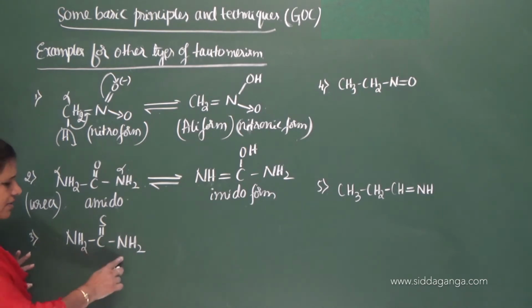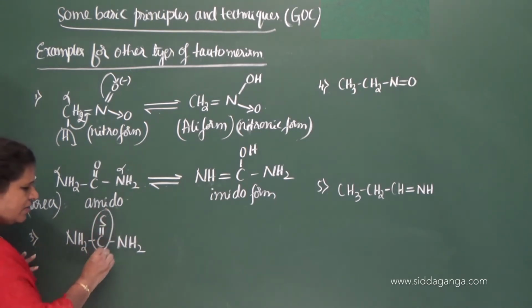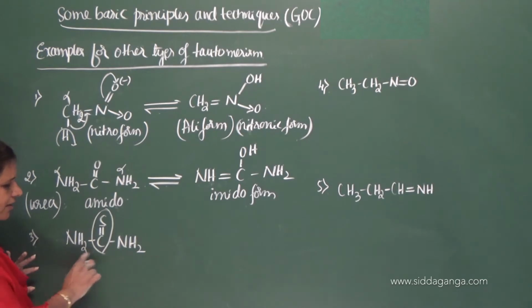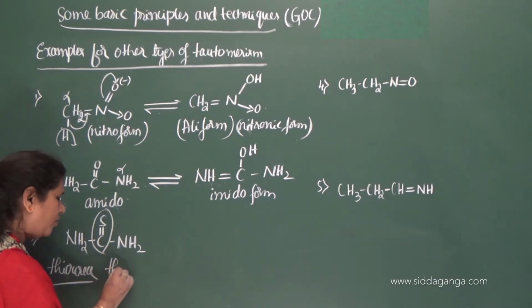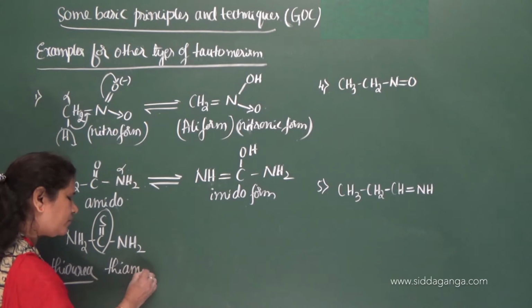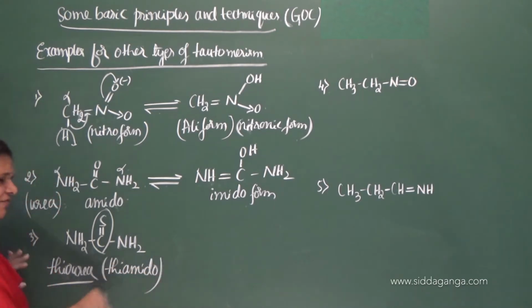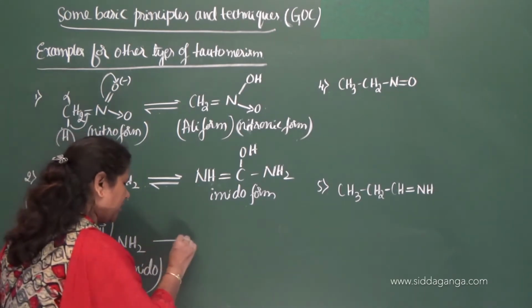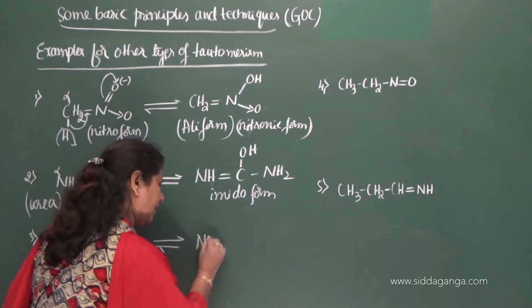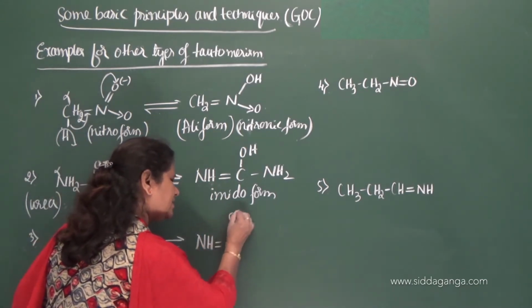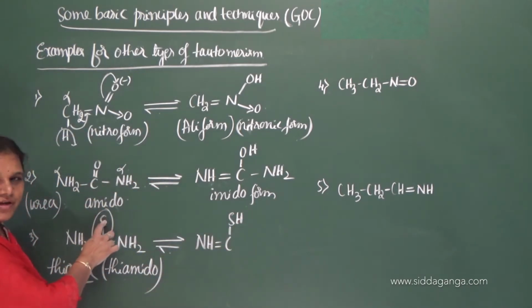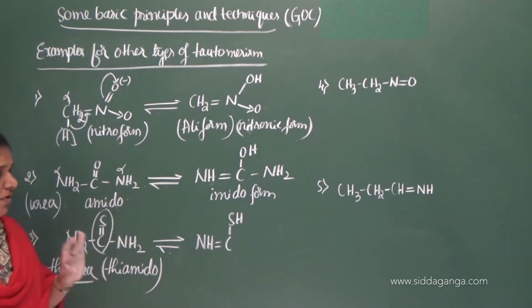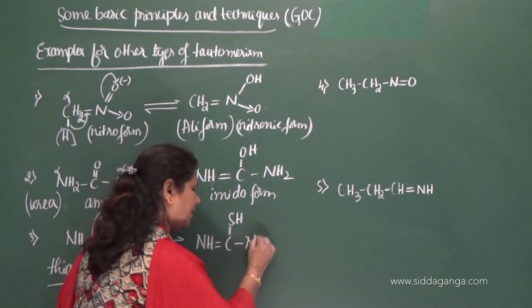Now you can consider carbon to sulfur double bond, and this is thiourea. The compound is thiourea. Thioamido. Thio stands for sulfur. Again you can write the isomer with NH double bond and SH. So the multiple bonded highly electronegative atom is sulfur. Therefore alpha hydrogen shifts to sulfur and you will get NH2.